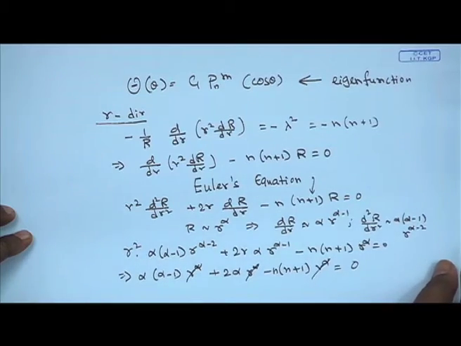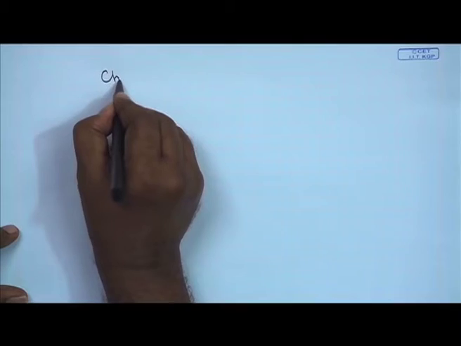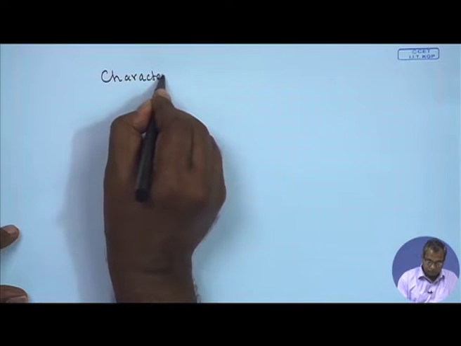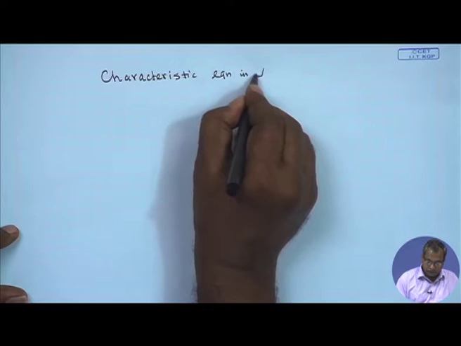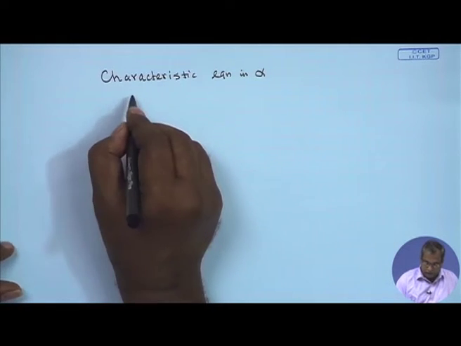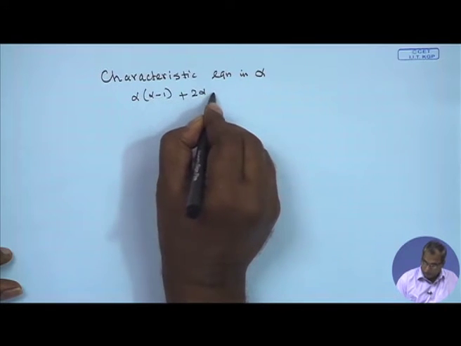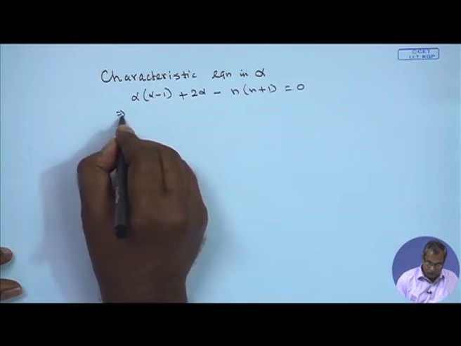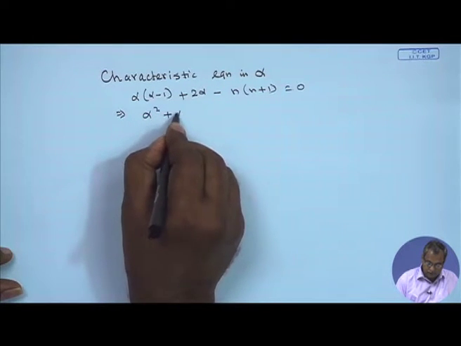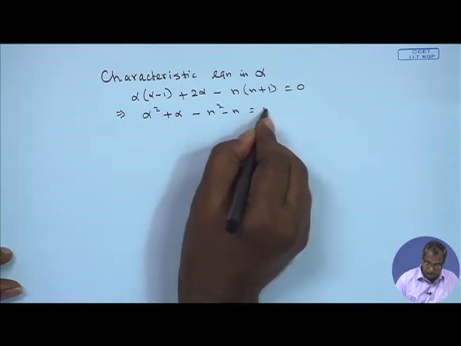So, you will be getting a characteristic equation in alpha, which is nothing but a quadratic in alpha: alpha into alpha minus 1 plus 2 alpha minus n into n plus 1 is equal to 0. So, you will be getting alpha square plus alpha minus n square minus n is equal to 0.